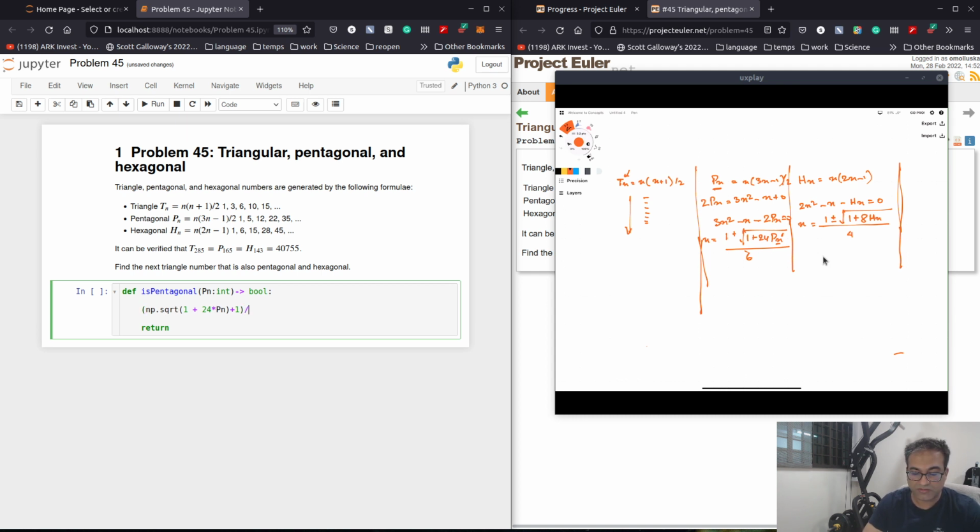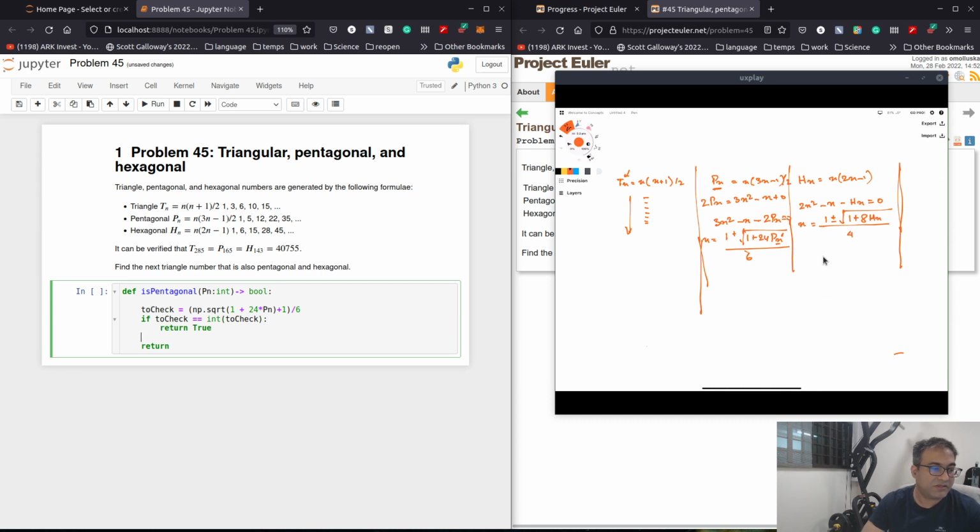Something like to check is that, and if to check is the same as the integer of to check, then return true, else return false.